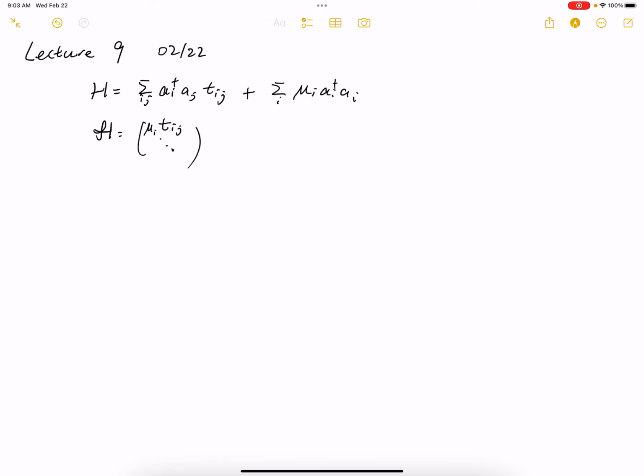Then you diagonalize this matrix H, and this is going to give you the eigenvalues, which I call epsilon_k. And this will transform the Hamiltonian into non-interacting particles.